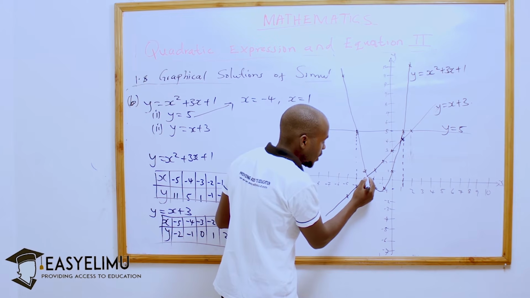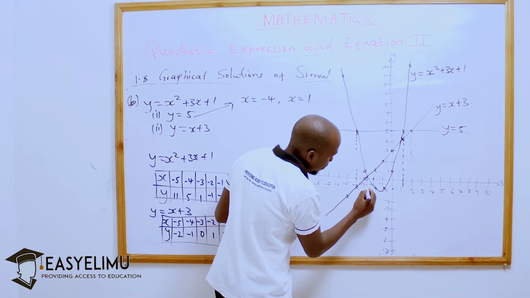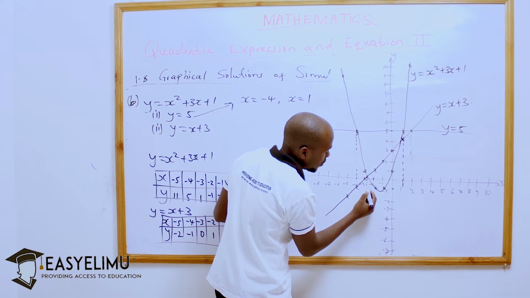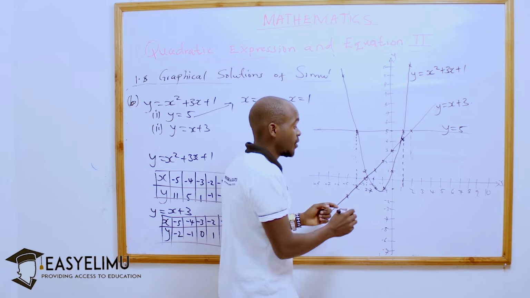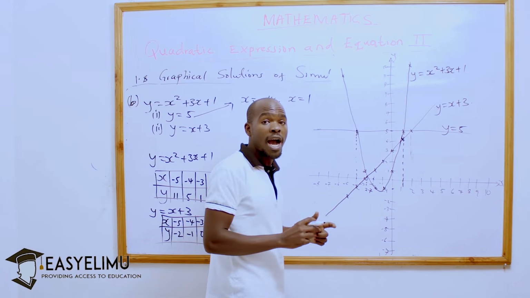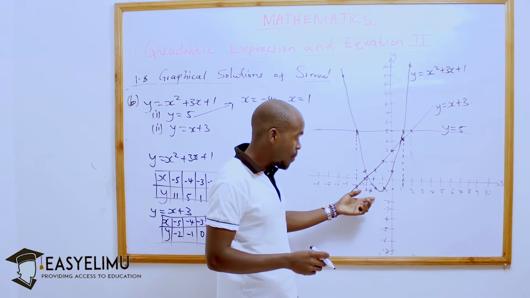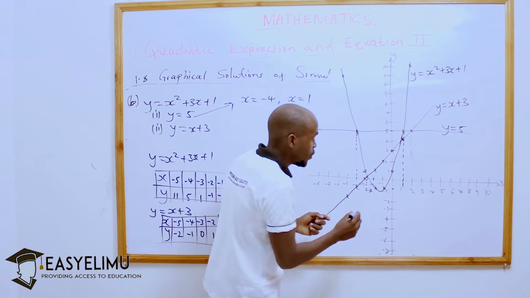So we can say it is approximately 2.7 or 2.8. If you use the graph very well, you will get a definitely correct answer, but for mine, it's approximately 2.8.